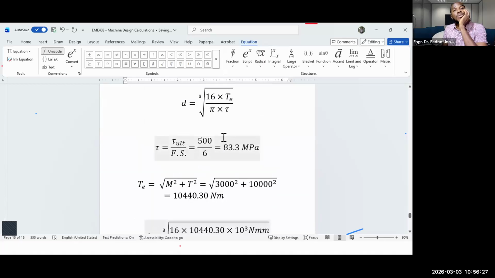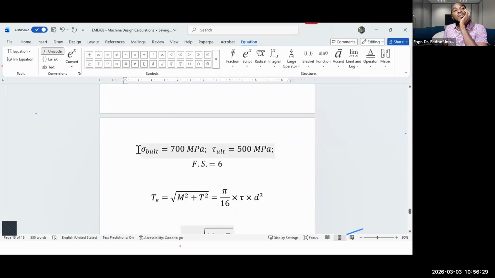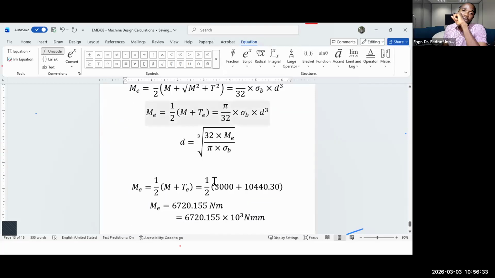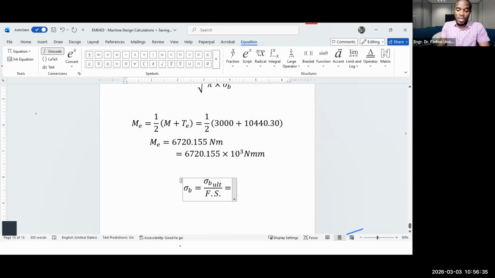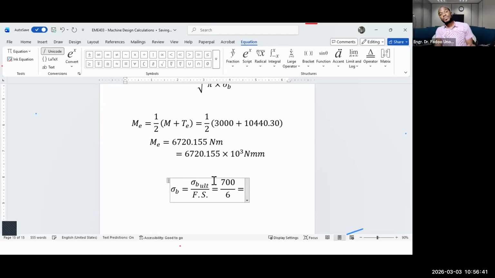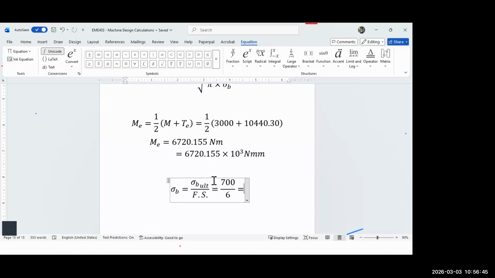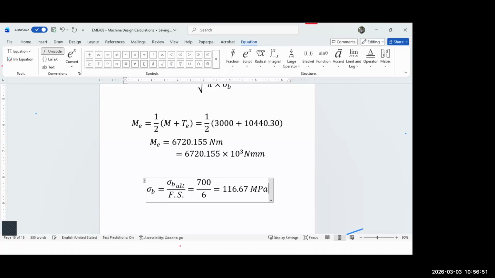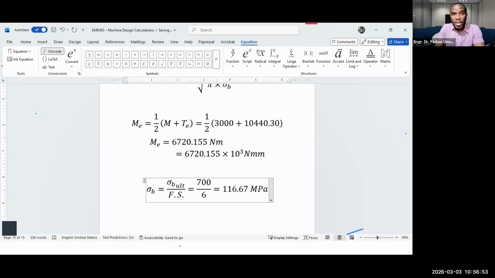Let's go back to what we're given. This is 700 megapascals, right? So somebody should quickly tell me the value of 700 divided by 6. What do we have? 116.67 megapascals. Is that correct? Yes.